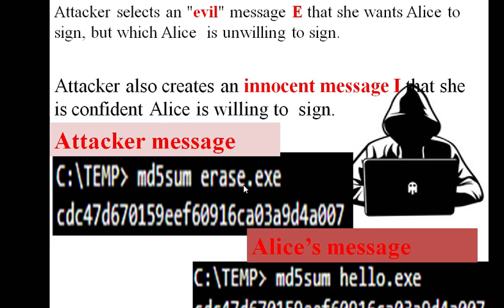Assume this was a file. What is the content? Later we will see, but in this slide try to understand this hash value. The file names are different but the hash values are the same. In this way the attacker is going to convince Alice that she has to sign this document.